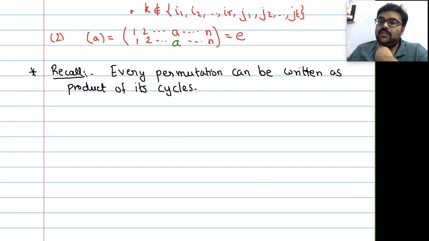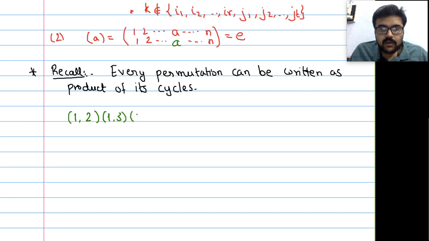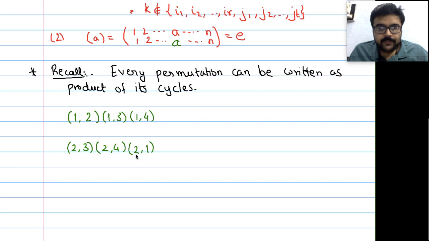And then I had asked you an exercise to compute this: (1 2)(1 3)(1 4). So this is a product of cycles of length 2. And then I asked you to compute (2 3)(2 4)(2 1).